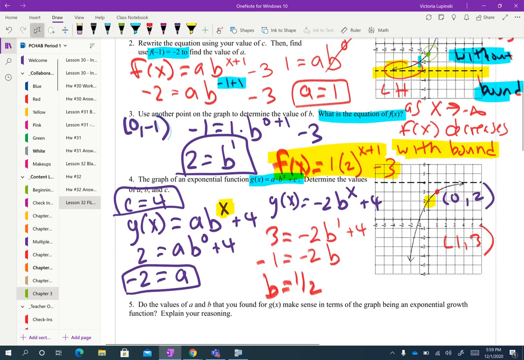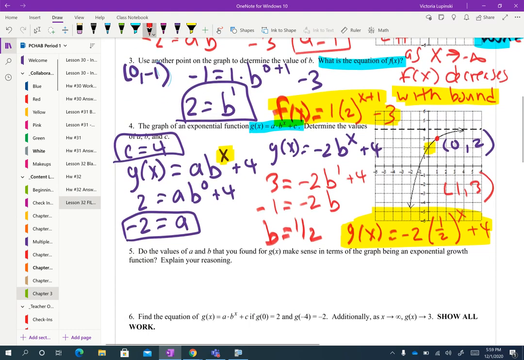If you then plug that all together, you're going to get that the function is g of x equals -2 times 1/2 to the x, and then ultimately plus 4. So again, find the horizontal asymptote first, then use whatever value would give you b to the 0 to solve for a, and then use one additional point to solve for b.